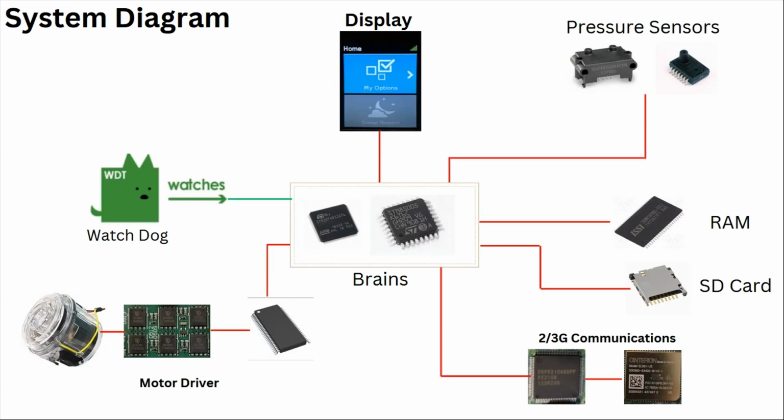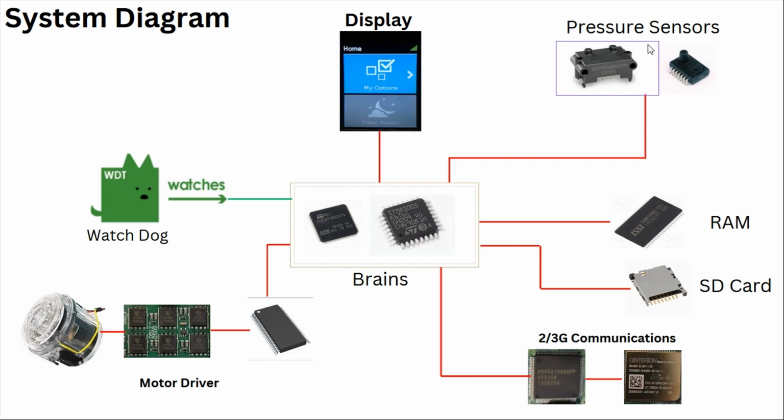So combining all these various functionalities together in a system diagram, we see in the middle we have the main brains that will be handling all the different functionalities of the board. Our motor controller goes to the 6 MOSFETs, which then drive the motor.